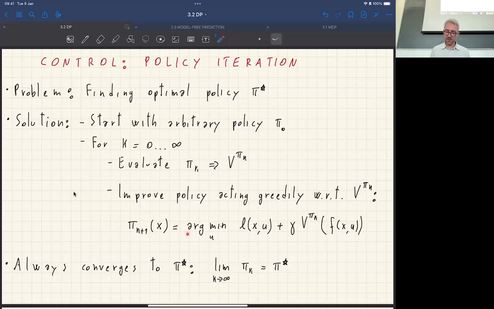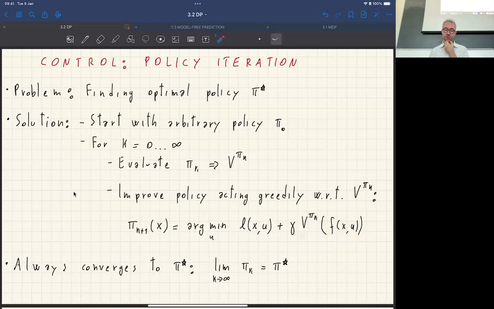So when we do this minimization here, we have this V, which is a vector, and we're going to take the component of this vector corresponding to the state that is computed by my dynamics function. So the dynamics function is going to output an integer value, which is the index of the state which we reach.